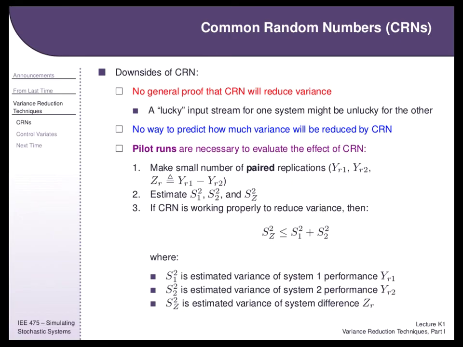So the downside of CRN is it doesn't always work. A really good set of arrivals for my system might be a bad set of arrivals for yours. It only works if uniformly across both of our systems, there's like one bad way that things could happen. So if it's really bad that I get a burst of arrivals at the beginning of the hour, and that's bad across both systems, then CRN will work well.